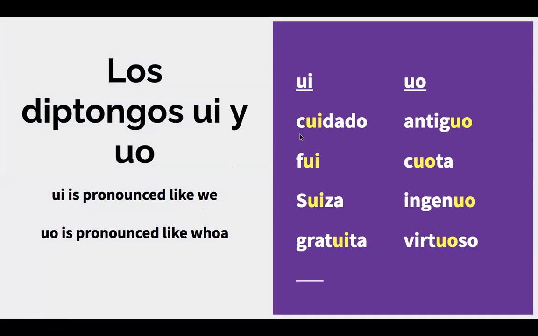Repitan: cuidado, fui, Suiza, gratuita. The diphthong UO is pronounced like wo. Repitan: antiguo, cuota, ingenuo, virtuoso.